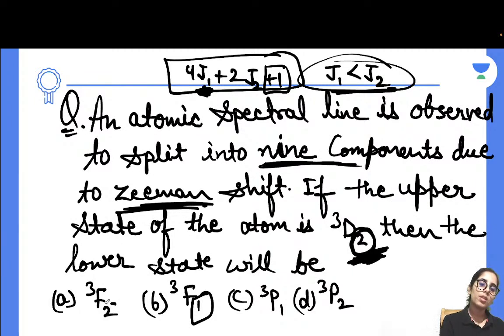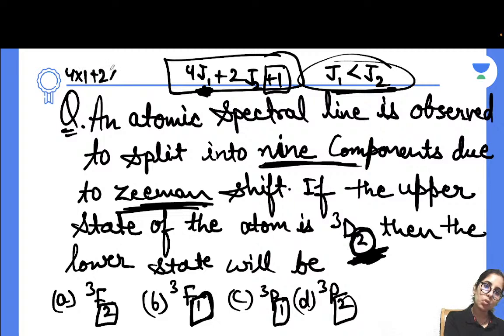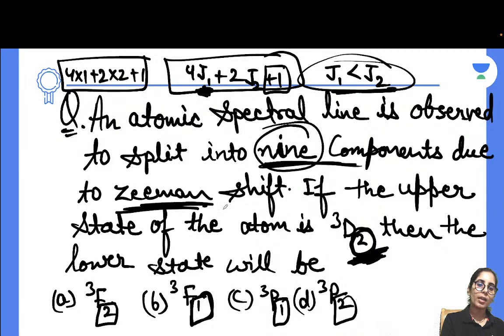The options have two choices, 2 and 1. So let's say the other J value is 1. Since 1 is smaller than 2, I'll take it as J1. So 4 times 1 plus 2 times 2 plus 1. I am right now checking whether it gives me 9 components.